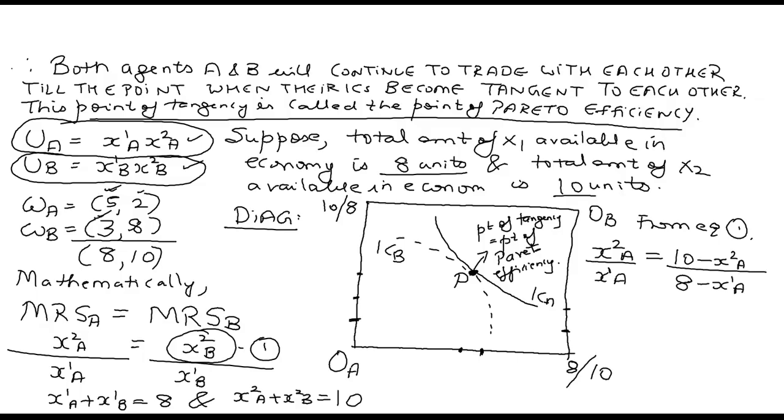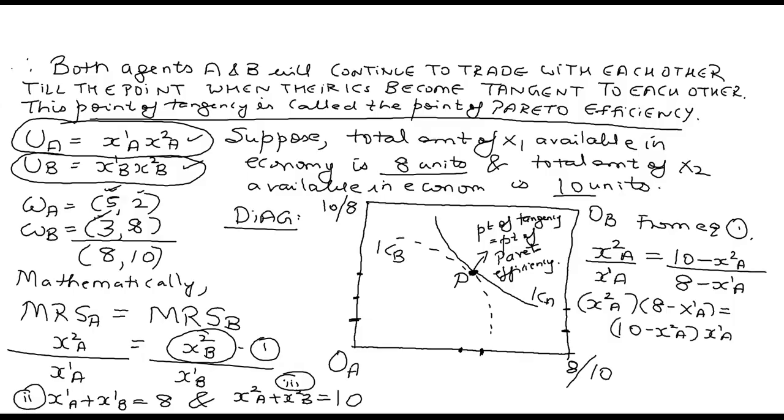I am writing this using equation 2 and equation 3. So from 2 and 3, X2A by X1A is 10 minus X2A upon 8 minus X1A. If I cross multiply, X2A into 8 minus X1A is equal to 10 minus X2A into X1A.